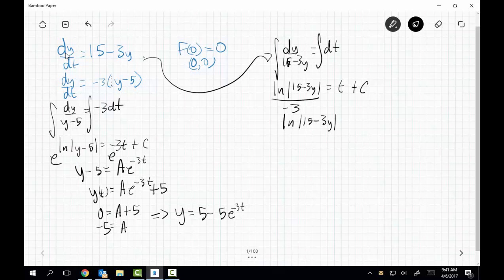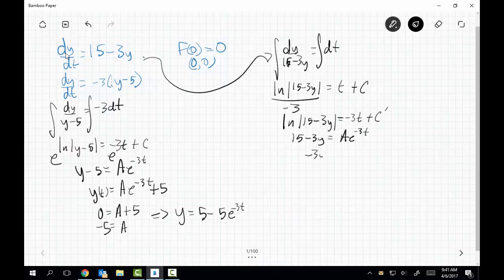Notice when I factored it out first, it made all my terms nicer. They're smaller. They're easier to work with. So what do I have here? I've got equals -3t plus c prime because it's a new c. I have 15 minus 3y is equal to a e to the -3t.